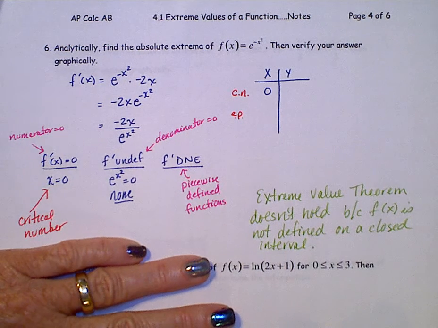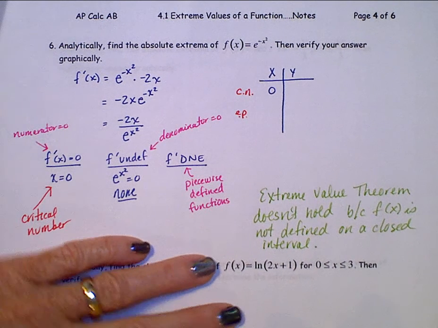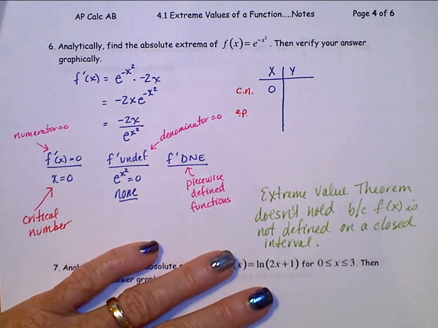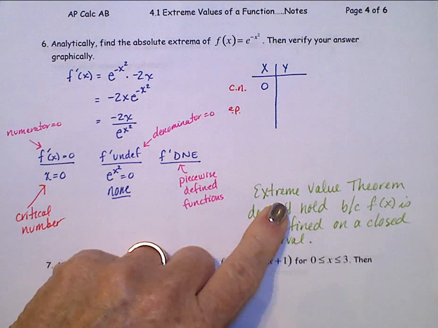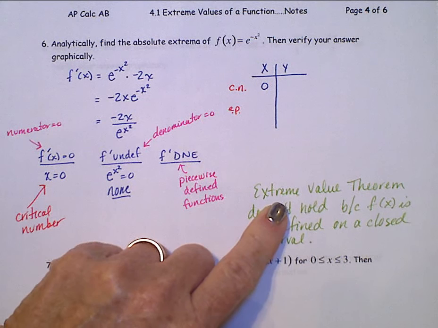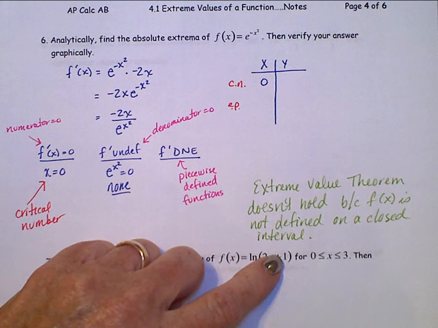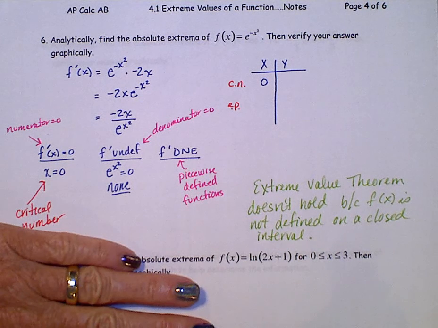That means that you can't guarantee that there is an absolute max and an absolute min. There might be, but we can't guarantee it. The extreme value theorem says if we have a continuous function on a closed interval, then there must be an absolute max and an absolute min.